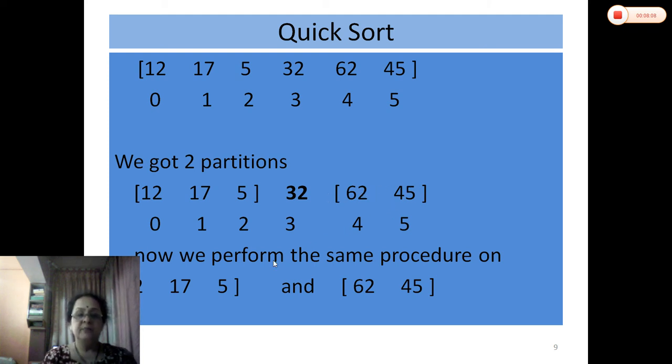Now we perform the same procedure on 12, 17 and 5, and after that we perform it on 62 and 45, that is the right side partition. This is the left side and this is the right side.